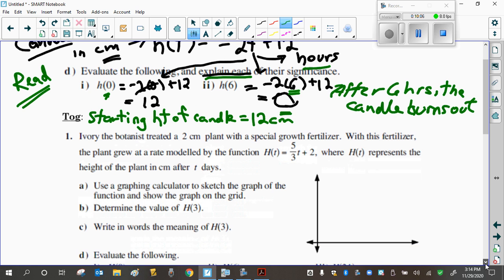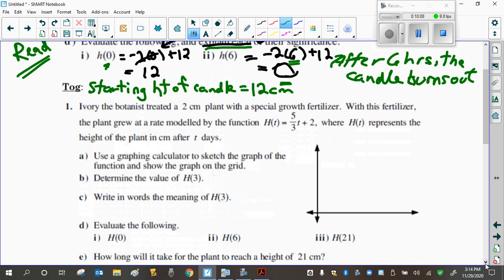Okay, so similarly in number 1, Ivory, a botanist, talks about plants, and it talks about days, and what's the height? Centimeters. So H is your height, and T is your time.